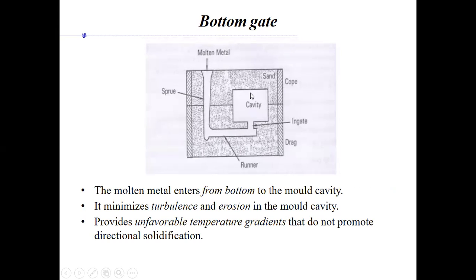The cavity is filled from the bottom to the top, unlike top gating, wherein it starts coming in from the top. It provides unfavorable temperature gradients that do not promote directional solidification, unlike your top gate.